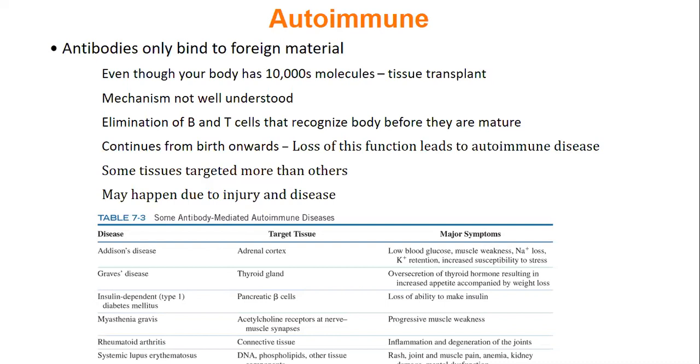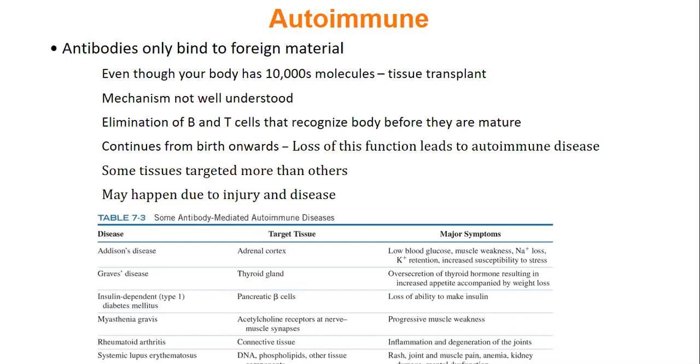Because what usually happens is that while you're developing, any B or T cells that recognize your body as foreign usually get destroyed naturally before they are matured. And this happens as you constantly grow, because you more or less randomly make antibodies. Your DNA just goes through random mutations and you are constantly spitting out antibodies.